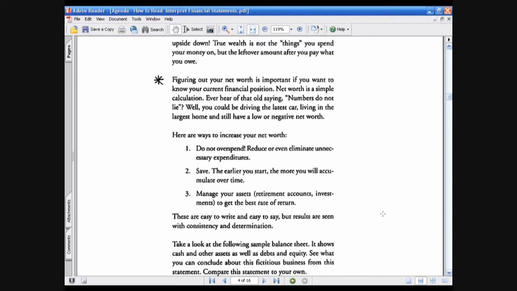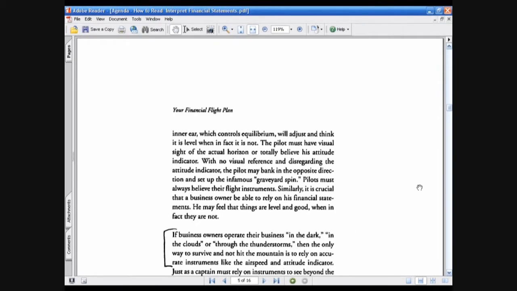Reduce or even eliminate unnecessary expenditures. Number 2, save. The earlier you start, the more you will accumulate over time. And number 3, manage your assets, retirement accounts, investments, to get the best rate of return. These are easy to write and easy to say, but the results are seen with consistency and determination.